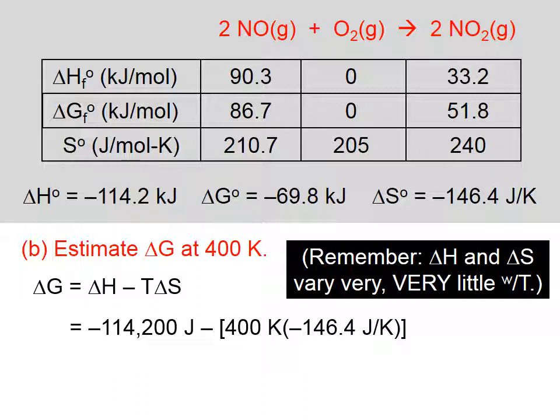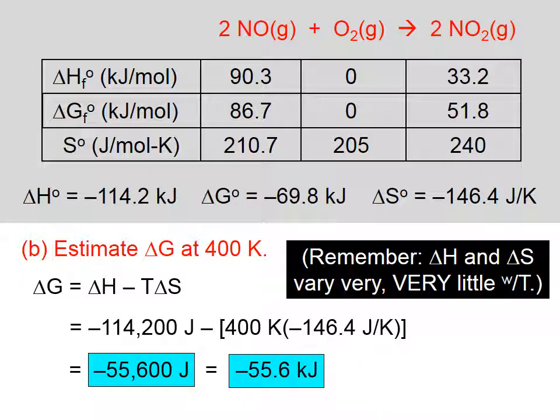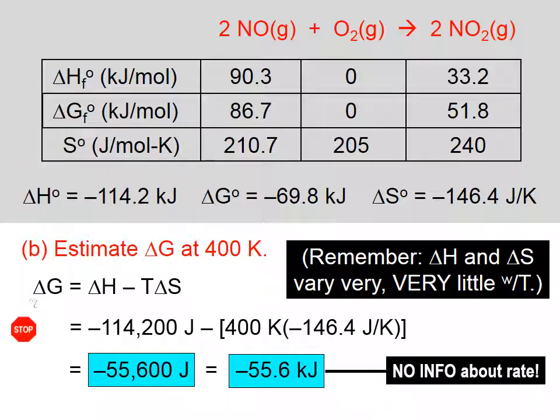So we need to make sure, I'm looking down now 3/4 of the way down the screen at this work that I've shown, you can see that we've made sure that we have the units match up. Negative 55,600 joules, or negative 55.6 kilojoules. This would be a spontaneous process at 400 Kelvin, but again, it doesn't give us any information about the rate.